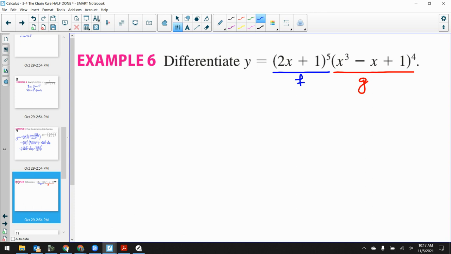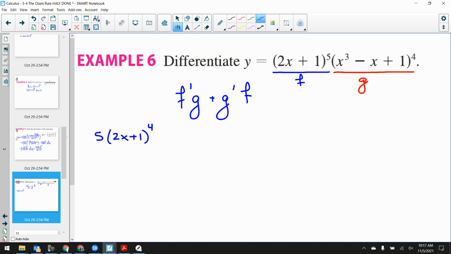All right, so remember, the product rule is f prime g plus g prime f, right? So let's find f prime. Now, when I go to find f prime, I have to use the chain rule. So I bring it out front, I leave the inside the same, I knock it down 1. Remember, chain rule says derivative of the outer times the derivative of the inner.